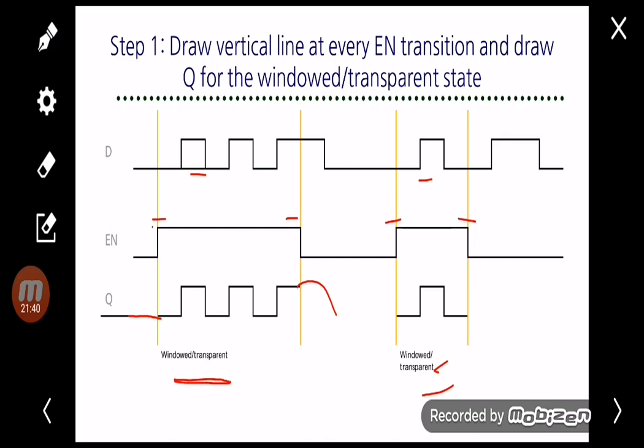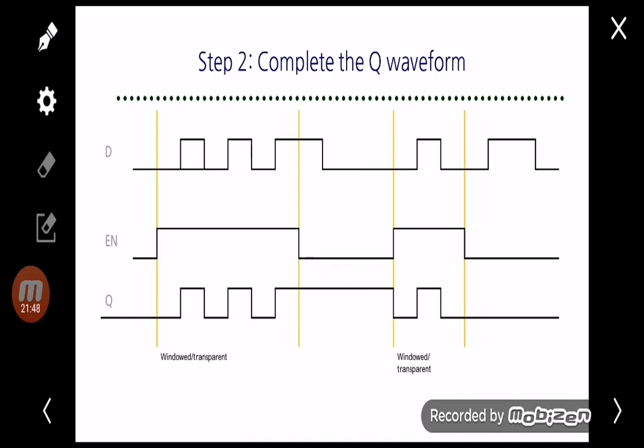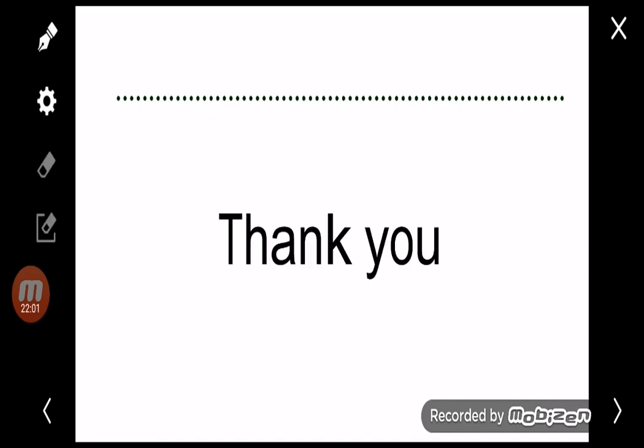The previous one is 1, so it will become like this. Okay, this one is holding, or the same as this one. This one is also the same as this one. So that's all for the latch and gated latch.